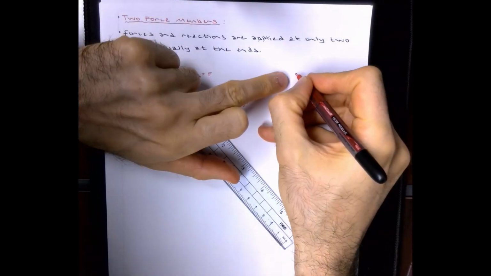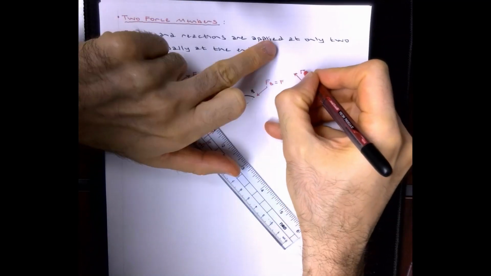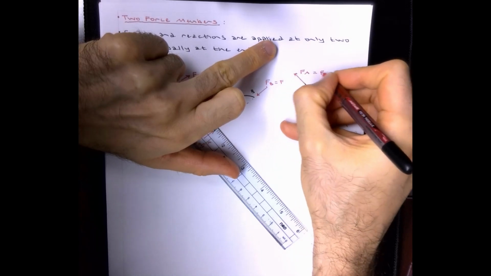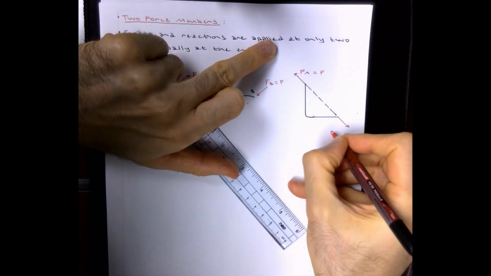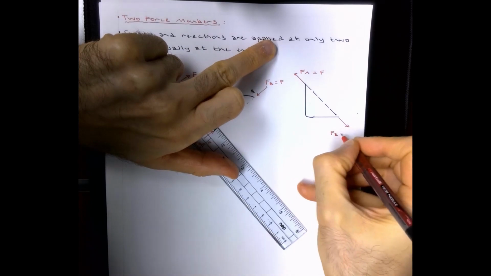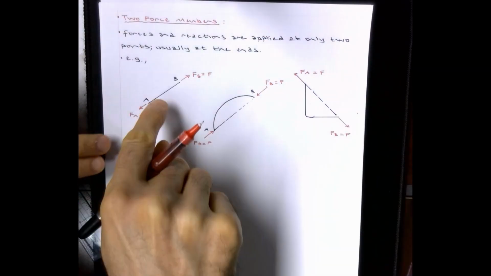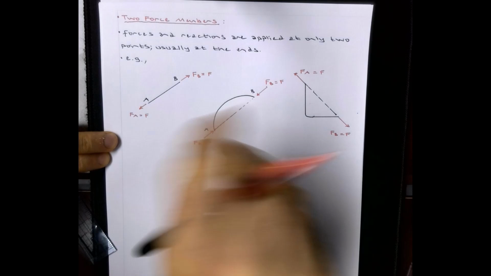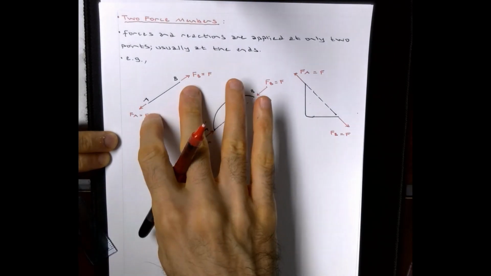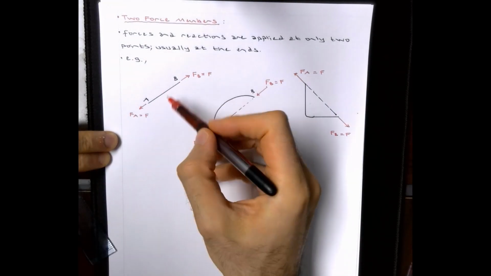So let's make this FA equal to F, FB equal to F. These are all two force members. Only two forces applied. There is nothing applied in between to these members.